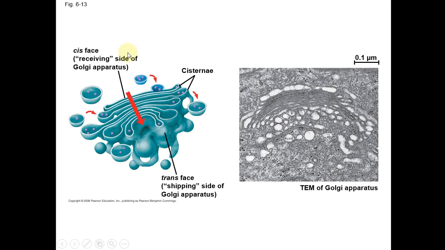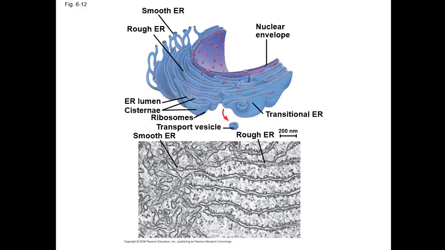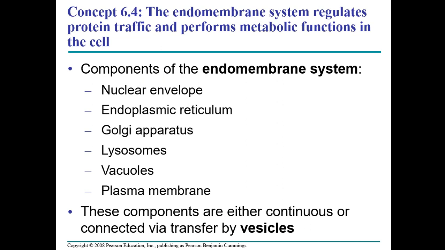So, kung makikita nyo, vesicles to Golgi, it will then be packaged in the Golgi. Then, it will be shipped using again the vesicles. So, therefore, here, talking about endomembrane system, nuclear envelope to ER, it is continuous.